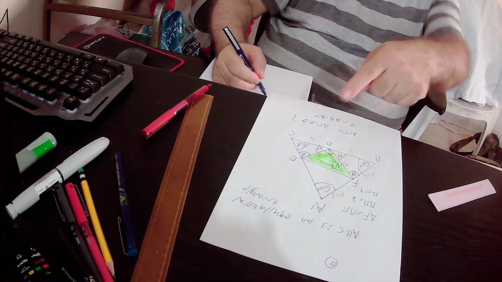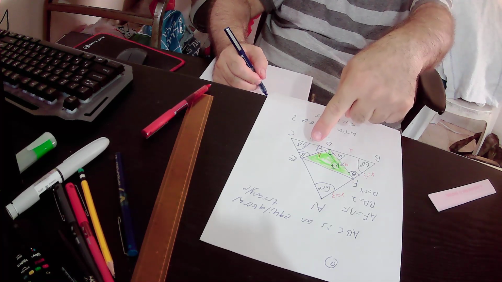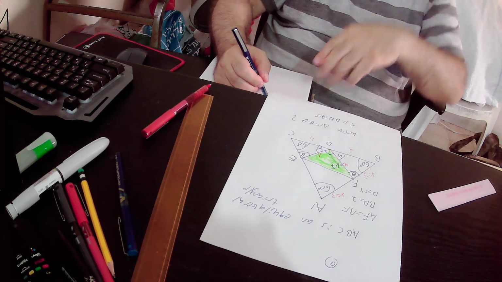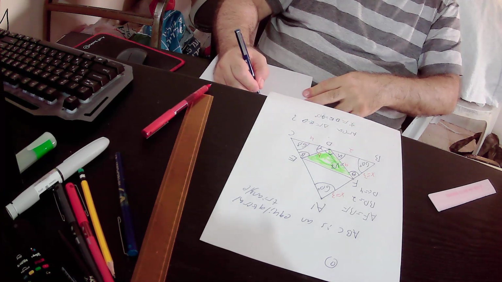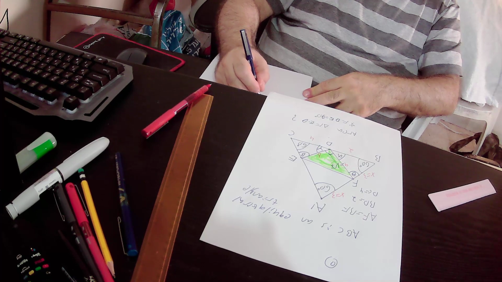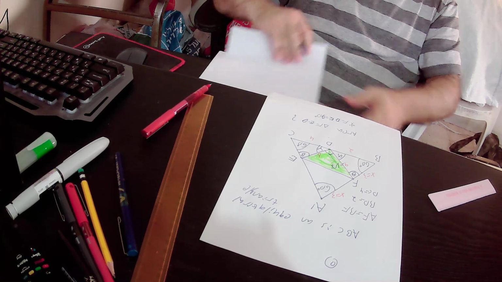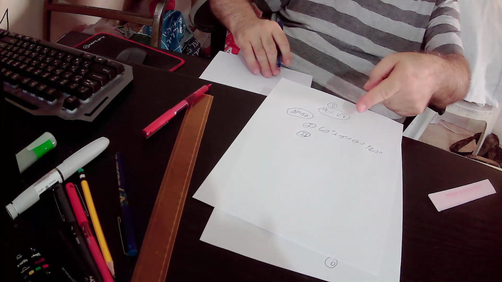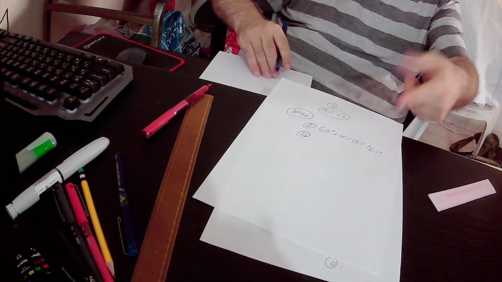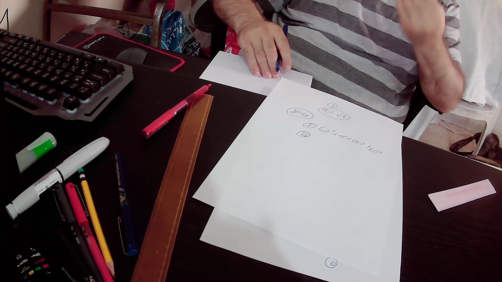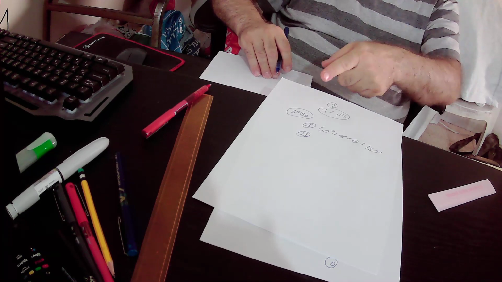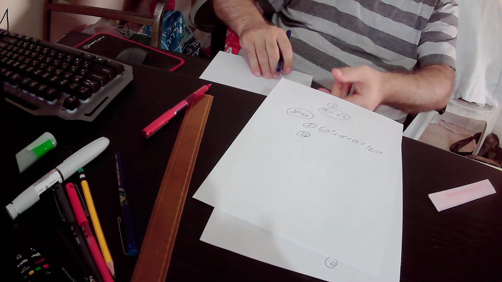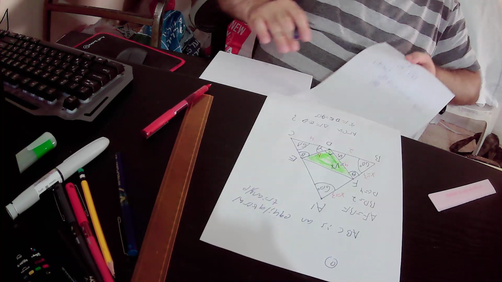The same thing is true about triangle DEC: the sum of its angles equals 180 degrees. So our first equation is 60 degrees plus alpha plus theta equals 180 degrees, the sum of the angles in triangle FBD.